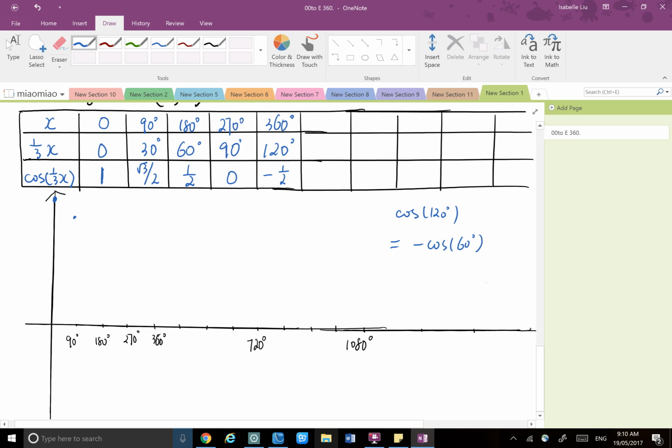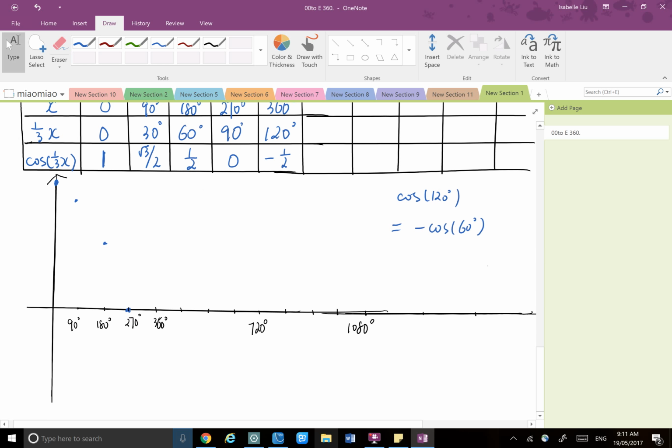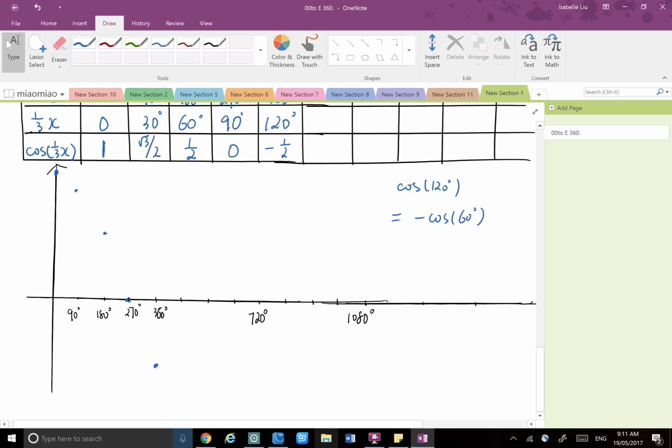And 180 gives a half, somewhere here. 270 gives me 0, which is here. 360 is negative a half, which is here.